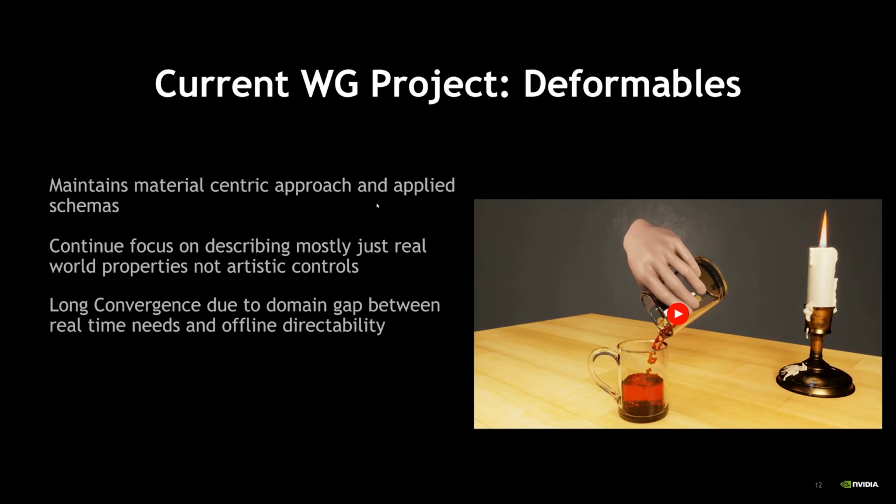There are also extensions for sheets and curves, so you can do things like cloth or hair. We're trying to focus predominantly on describing real-world properties and no implementation-specific details, unless we really have to, because otherwise it's very difficult to make an implementation. So there's always a balancing act to make it easy to implement.